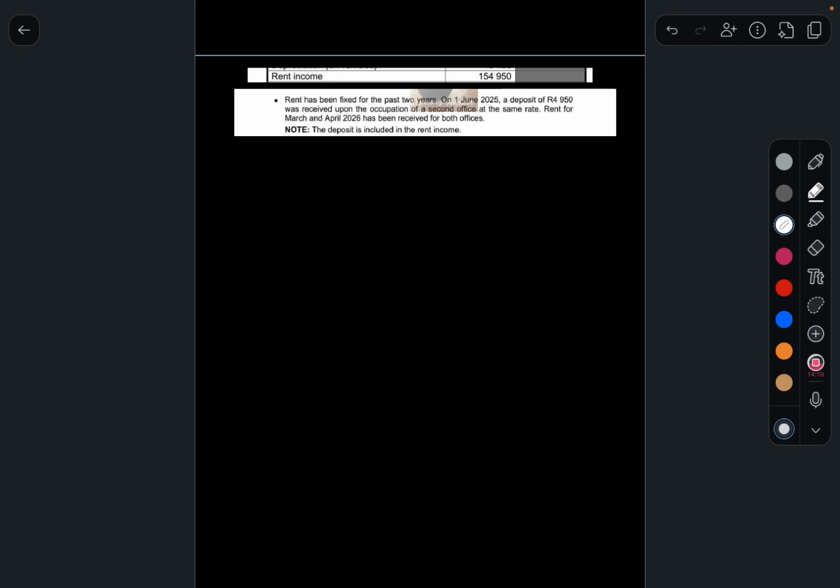Rent for March and April 2026 has been received for both offices. There's a big note. The deposit is included in the rent income. So this 154,950 is inclusive of the deposit.